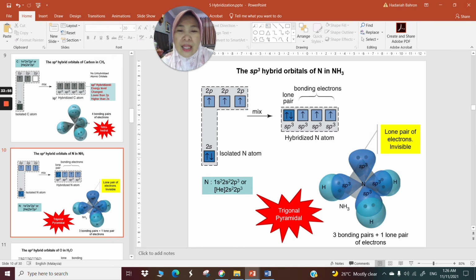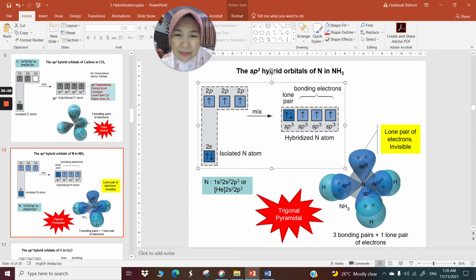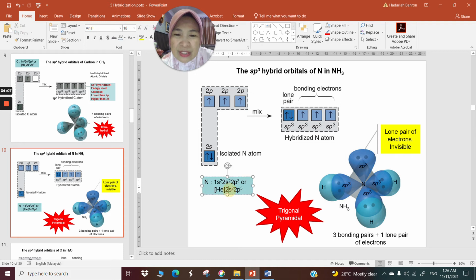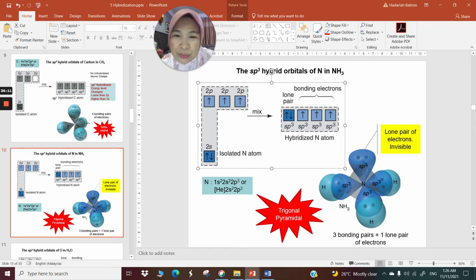So try to draw your nitrogen valence electrons. Nitrogen is 2s2, 2p3, 1, 2, 3.